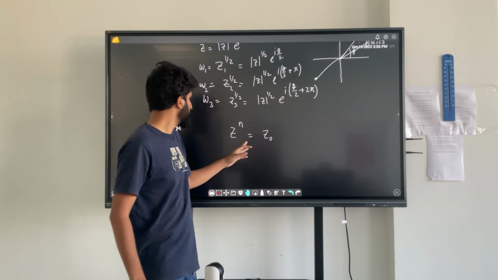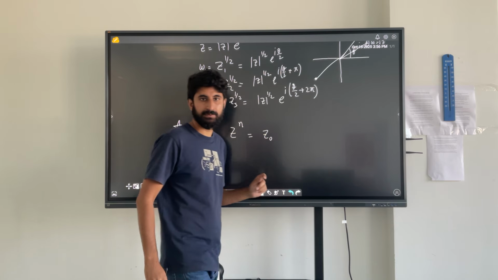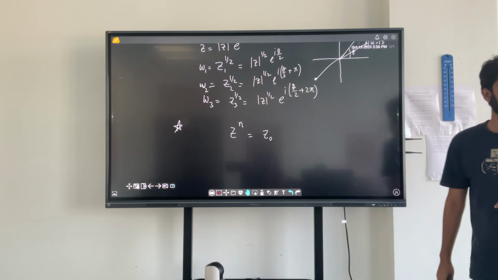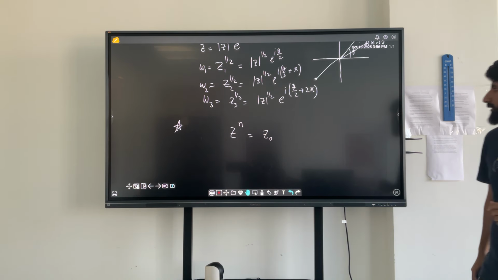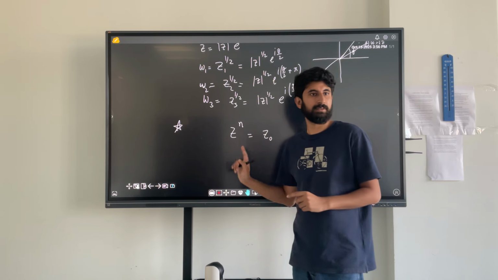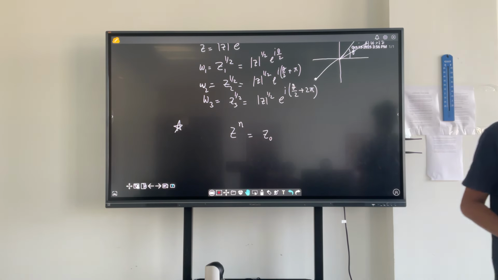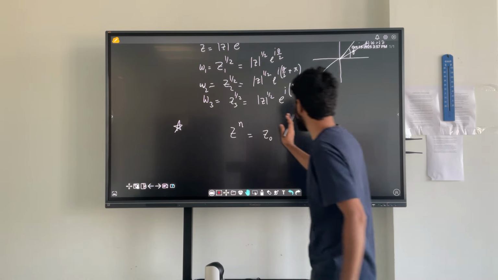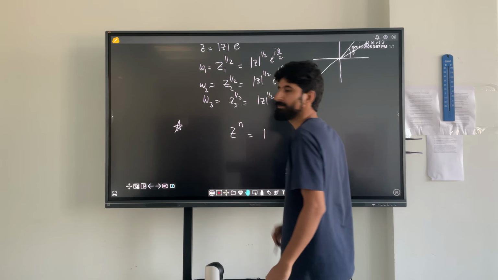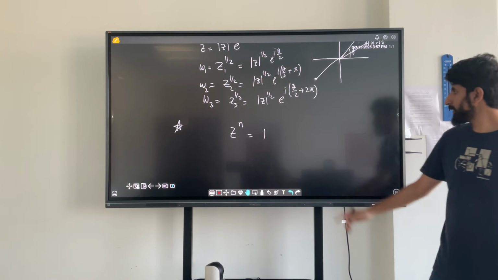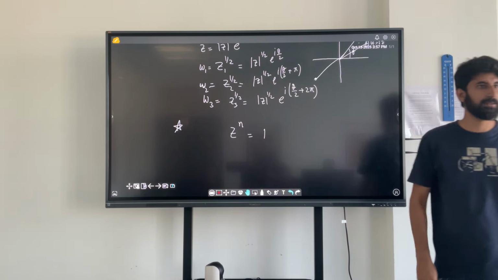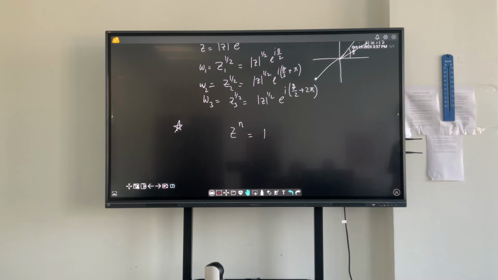So z would be the nth root of z naught. For now let's just use z naught equal to 1. So how many solutions do you expect for this equation? n solutions.